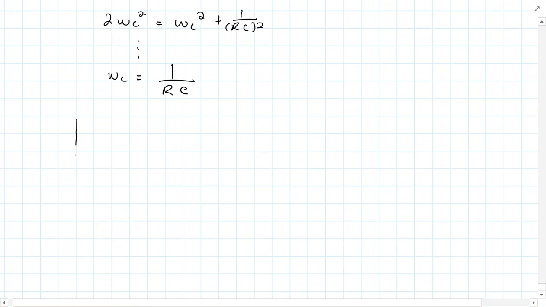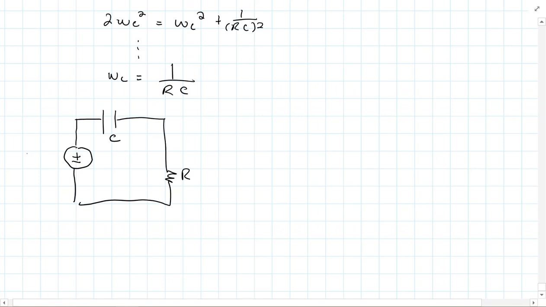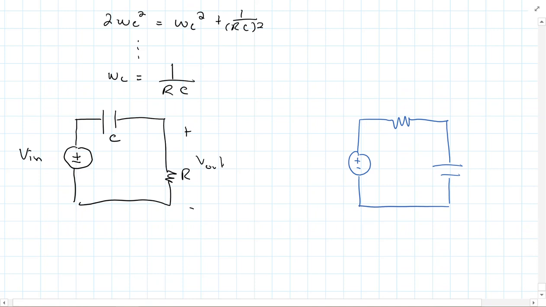Well, because really if you think about the circuit here that I'm drawing, this is the high-pass filter. This is the low-pass filter.